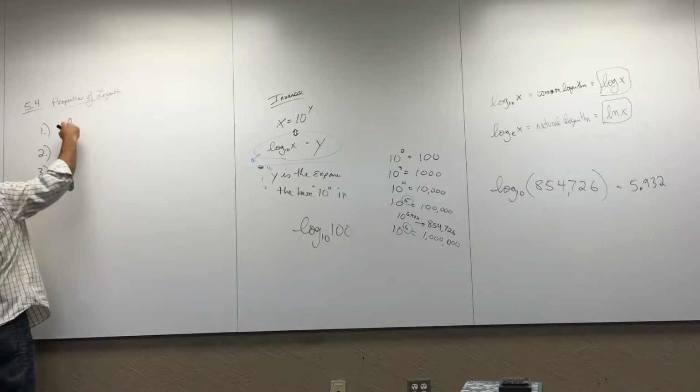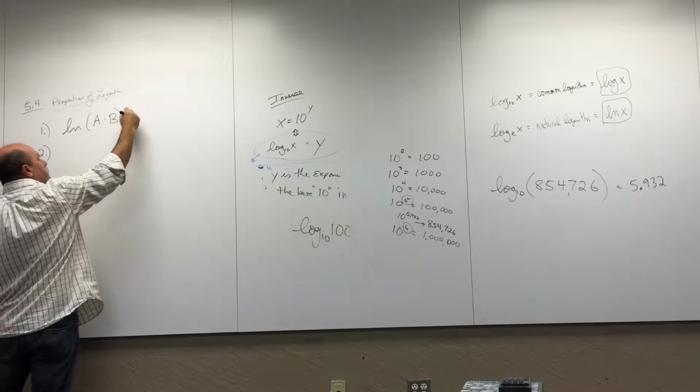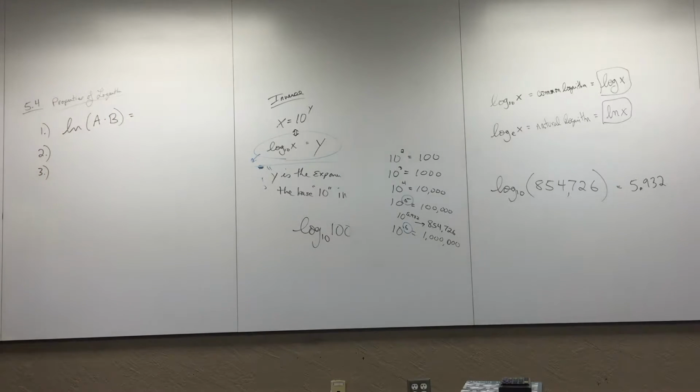If you have the log of an A times a B. Now, by the way, which log did I just write? I say the word log, but which one is it? It's the natural log. The truth is, these properties work for any log. So I could have written log, or log base 2, or log base x.